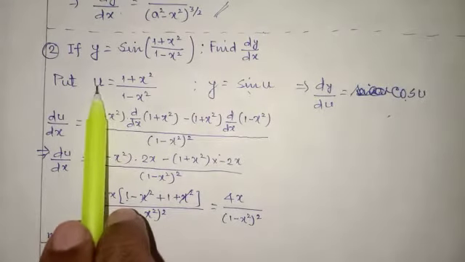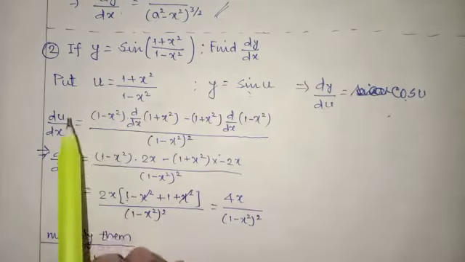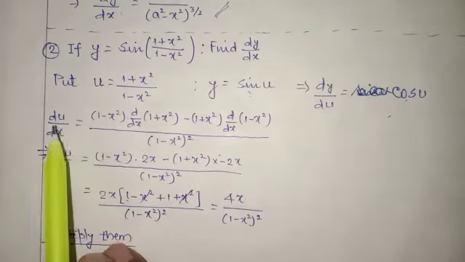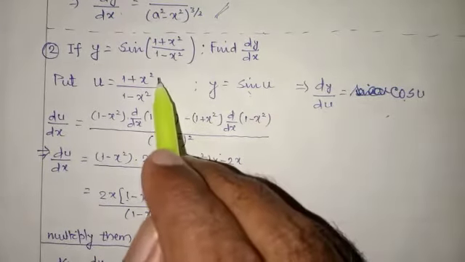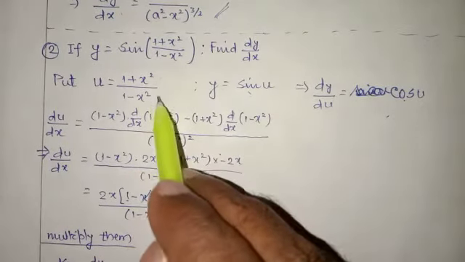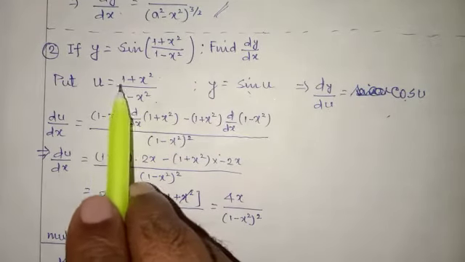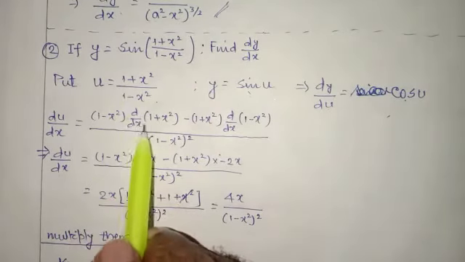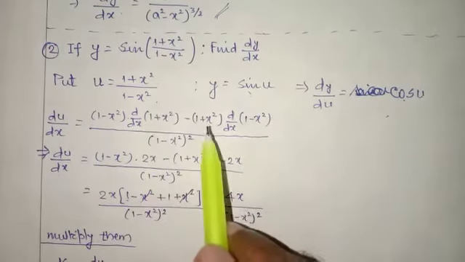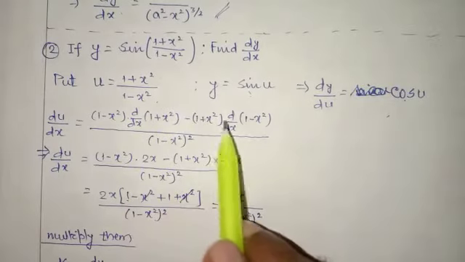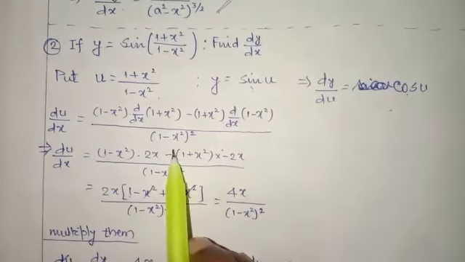Now differentiate u. This is a function of u and x, so differentiate with respect to x. So du by dx, according to the quotient rule, is denominator into differentiation of numerator minus numerator into differentiation of denominator, upon denominator square.